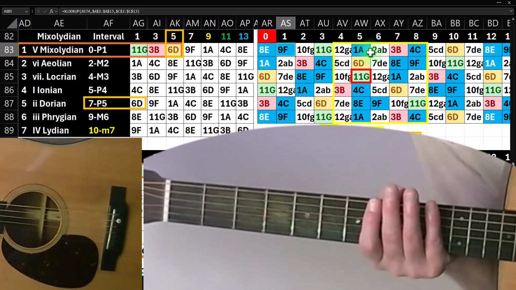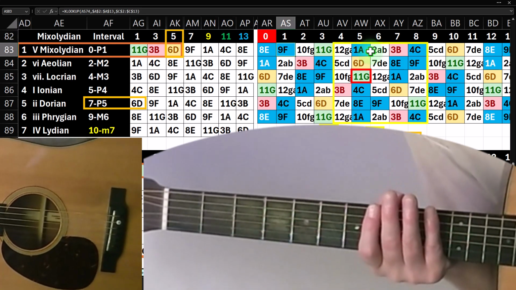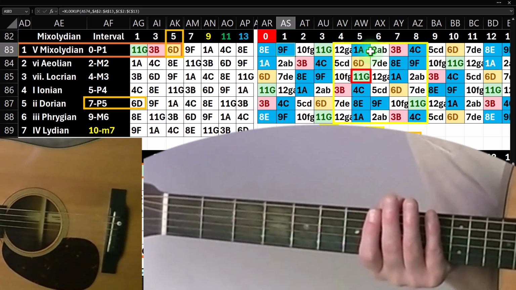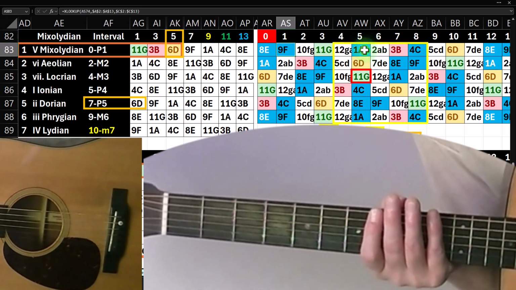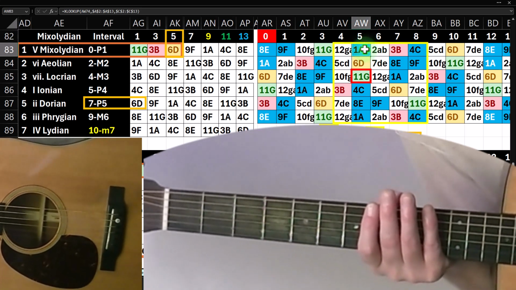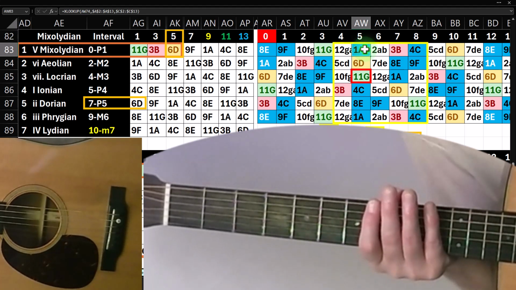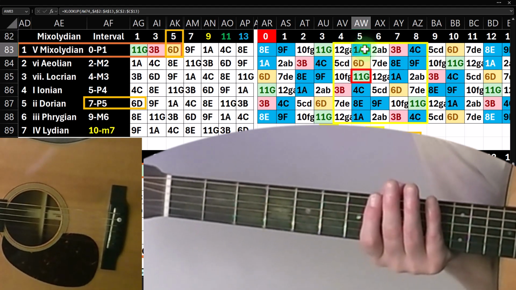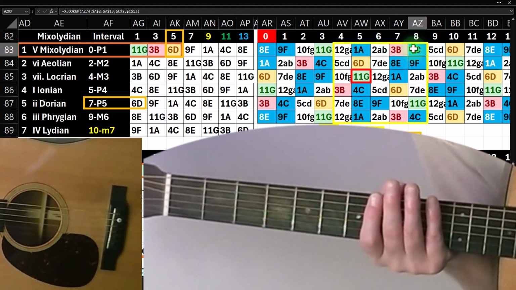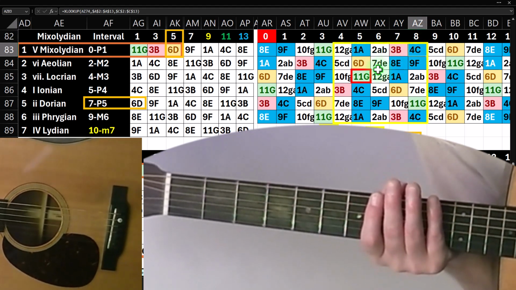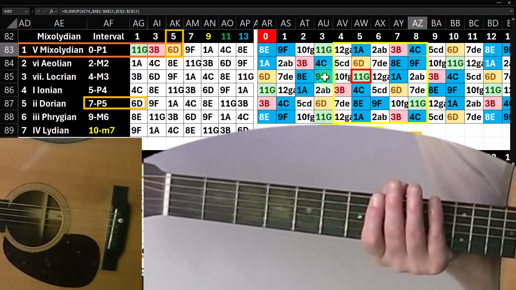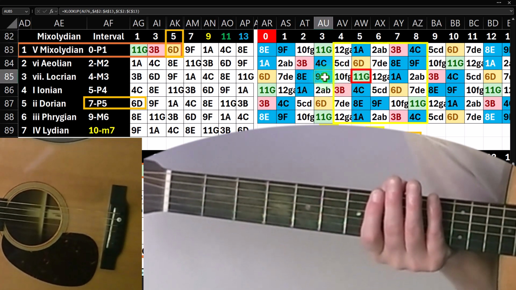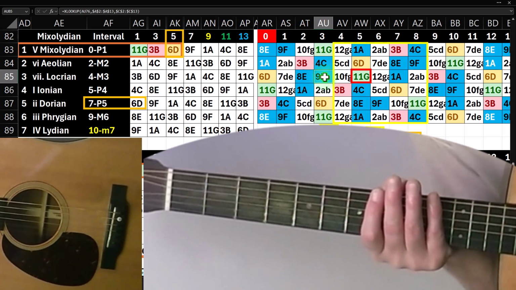But you can also think like you're in a major scale, in this case C major, and then you're just adding the 7th, flattening the 7th. So people just say, okay, I'm in a major scale, but I'm flattening the 7th.